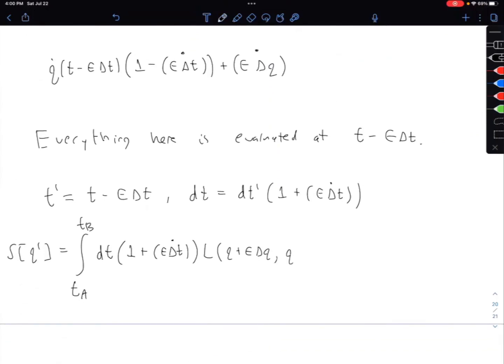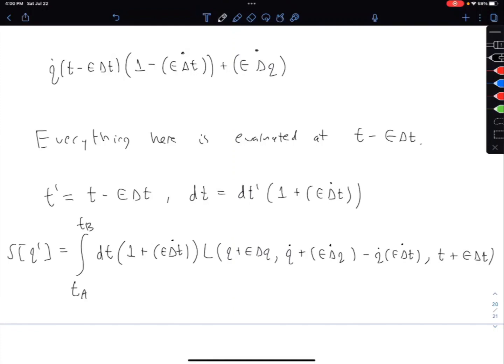And then I write this as q dot. I look at this expression up here, and I see q dot plus epsilon delta q dot minus q dot epsilon delta t dot, but then t is going to become t plus epsilon delta t.